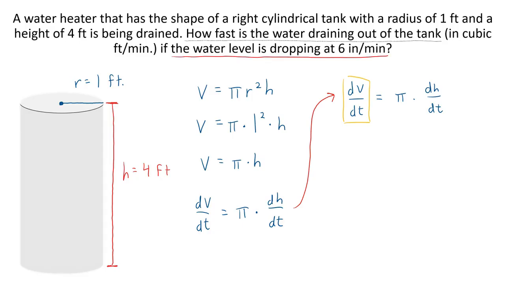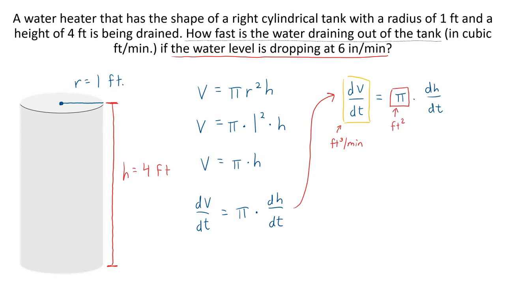Now before we move any further, we need to recognize something. Our volume units are in cubic feet per minute. And these pi units over here, well, remember that pi was multiplied by r squared. Our r was given to us in feet. So that means r squared would be in square feet.